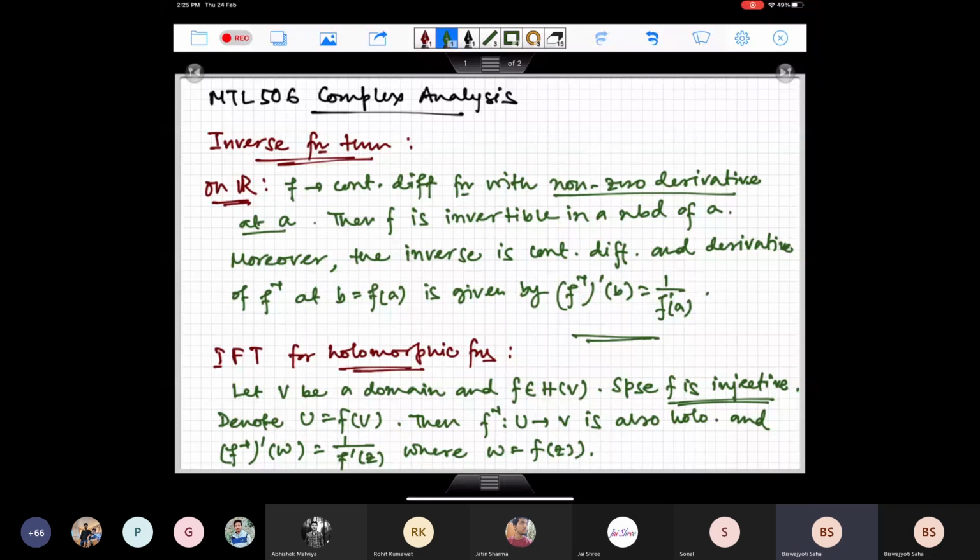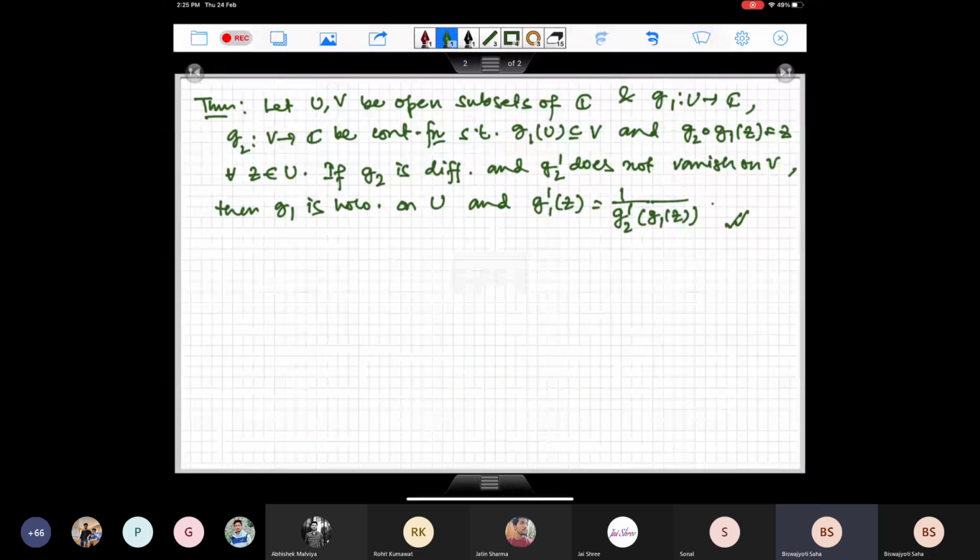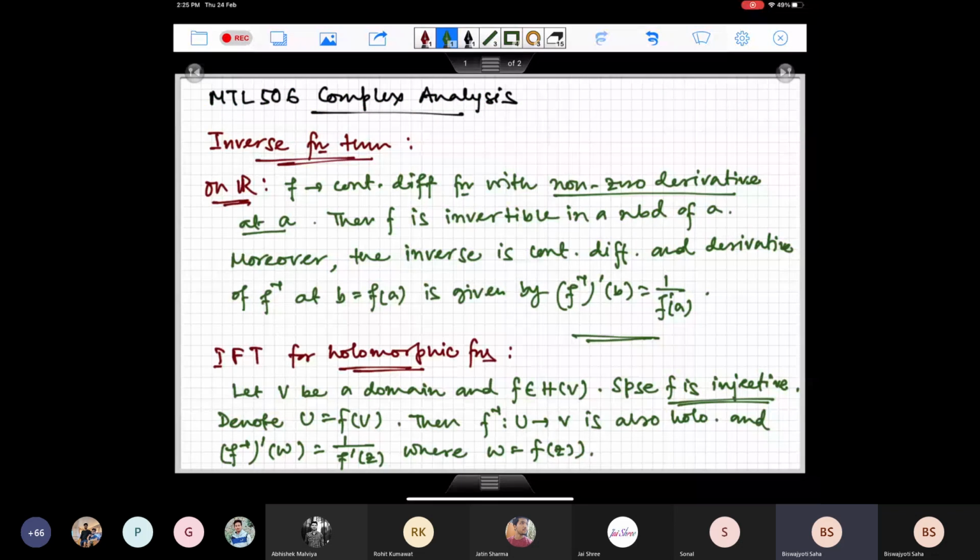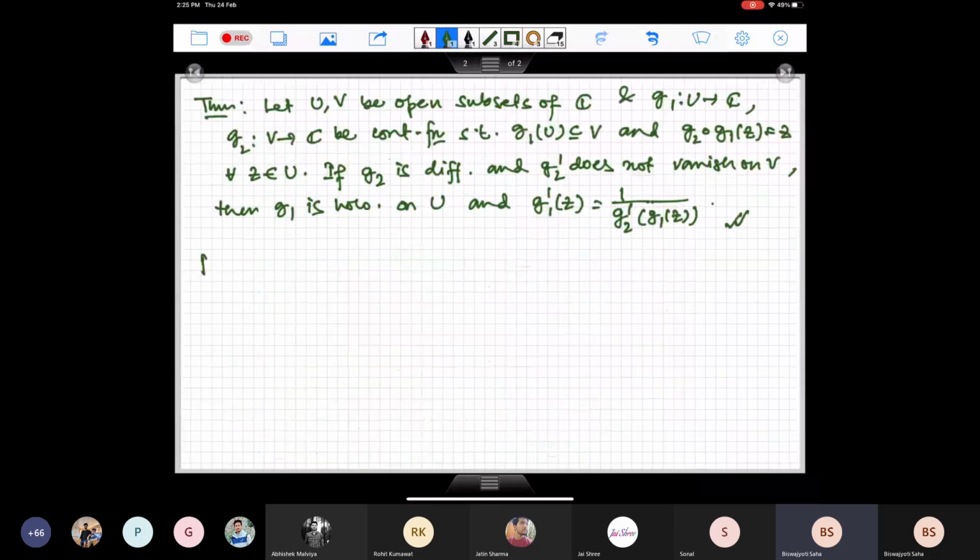So f inverse will be continuous, and everything will come in place, except that I need to make sure the derivative is non-vanishing, whereas I only have f to be injective. So this theorem I have already proved; I am not proving that.